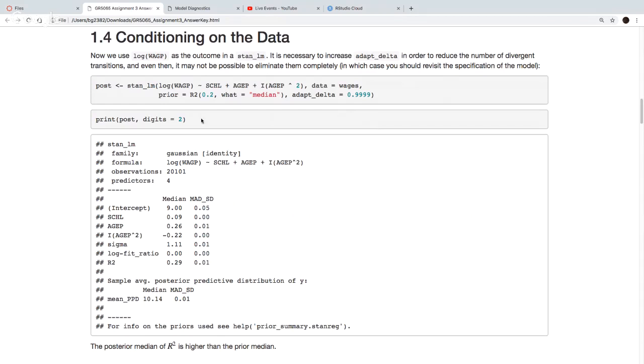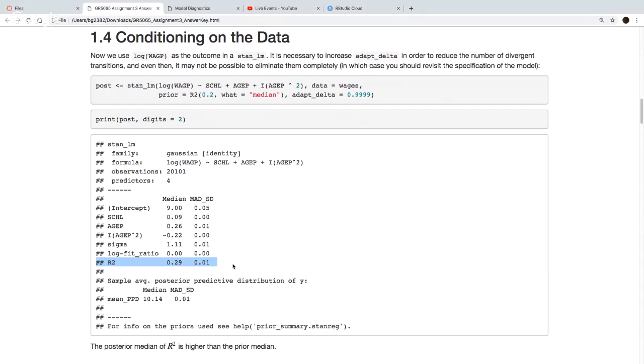But anyway, just taking the output at face value, we get a posterior R squared, in this case, of 0.29. So that would be higher than my prior median. But others of you put in like 0.5 for the prior median and got 0.1 for the posterior median, in which case for you it would be low.